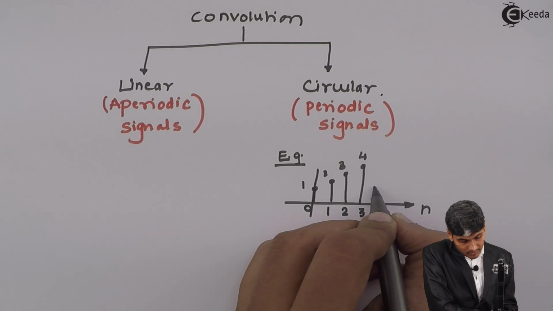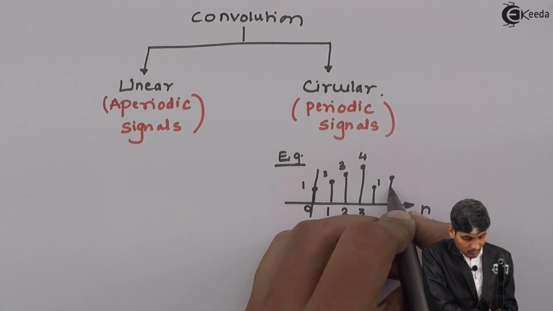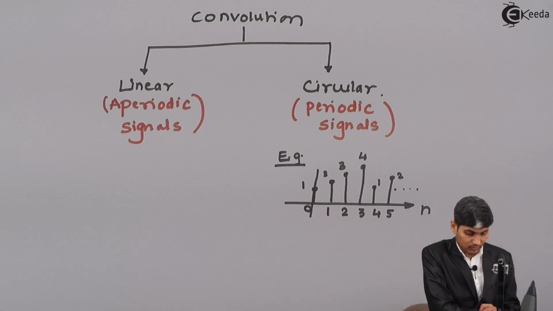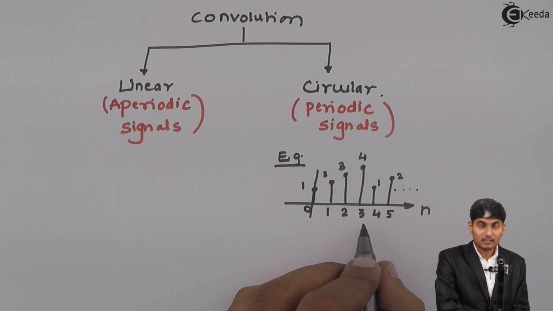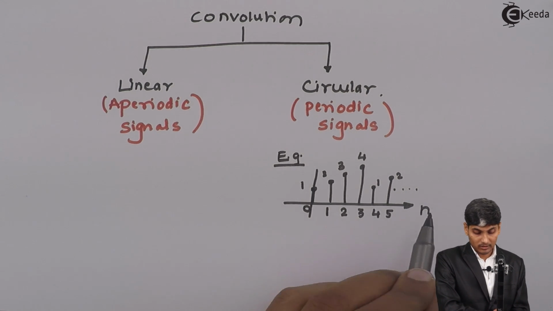Then after 3 the signal repeats itself as 1, 2 and so on, at n equal to 4, n equal to 5.